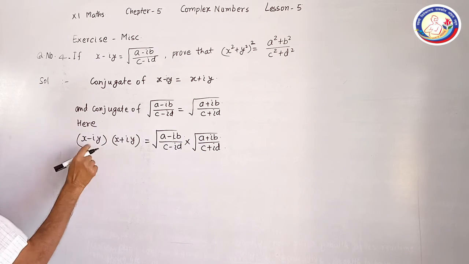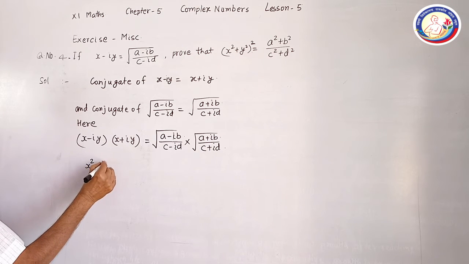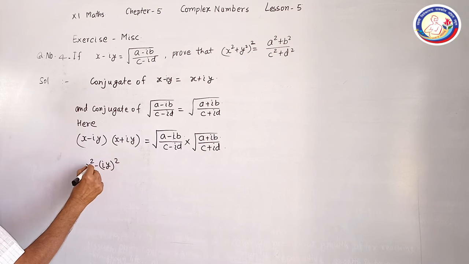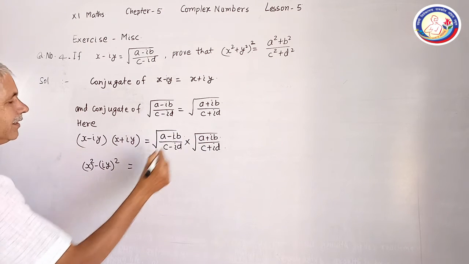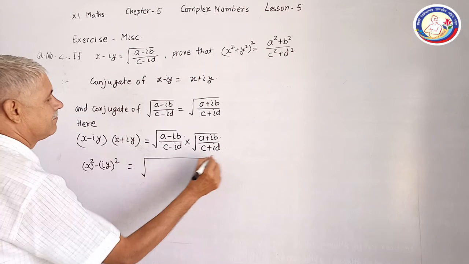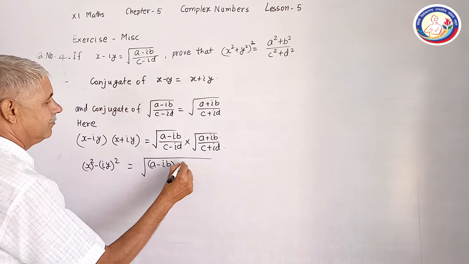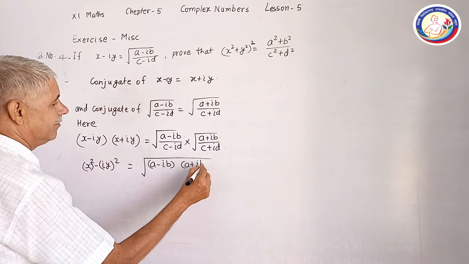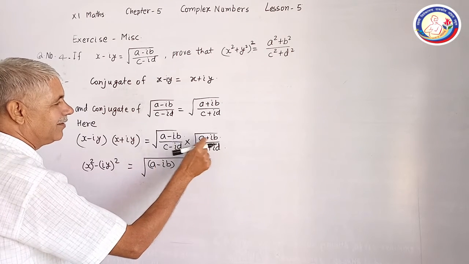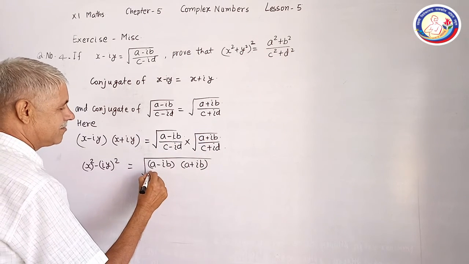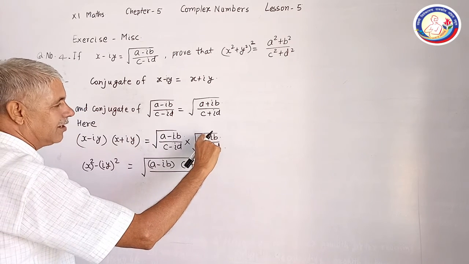See, on multiplication we get x square minus iota y whole square equal to, multiply the radicands here, a minus iota b into a plus iota b, numerator by numerator and denominator by denominator, because it is square root and it is also square root.